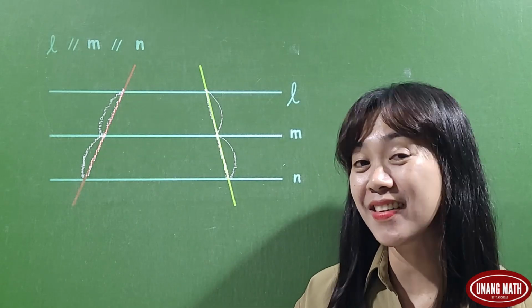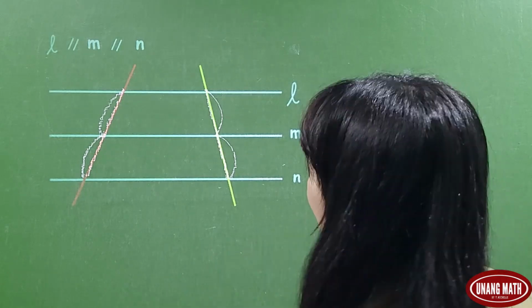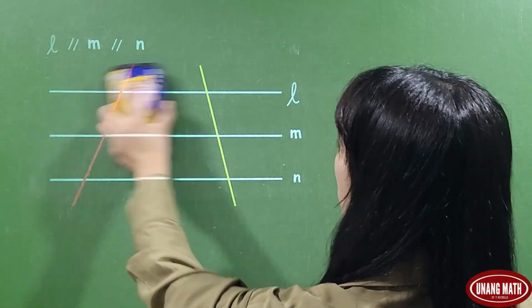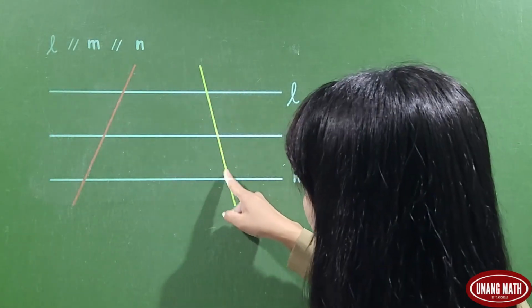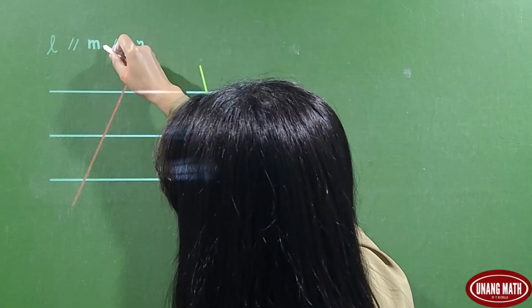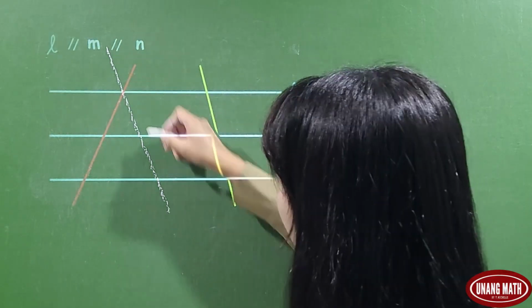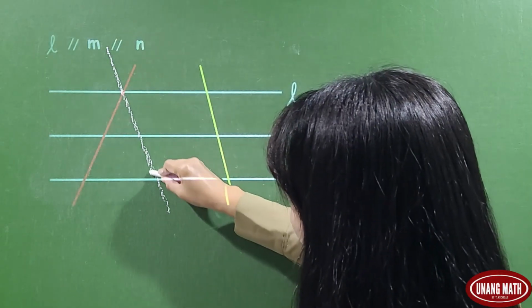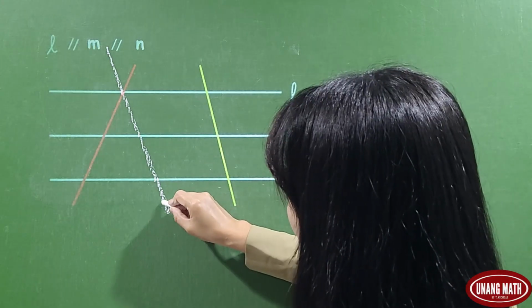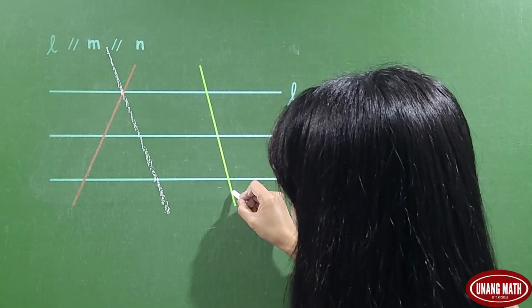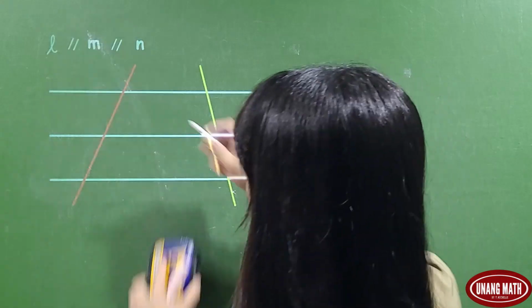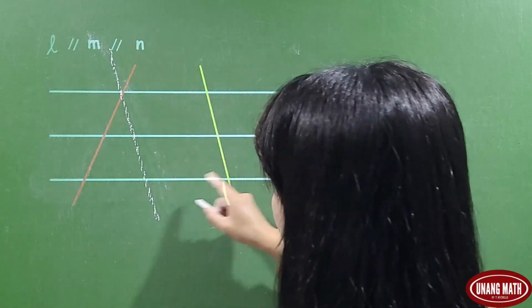Okay, why the same or equal? If we are going to move this straight line and draw it here, but take note, when you draw or move the straight line, it should be parallel to this line.